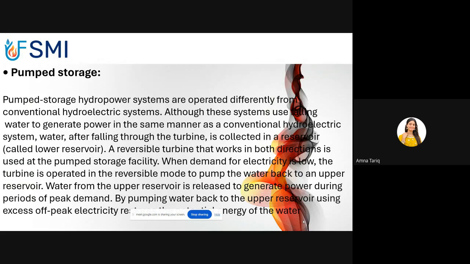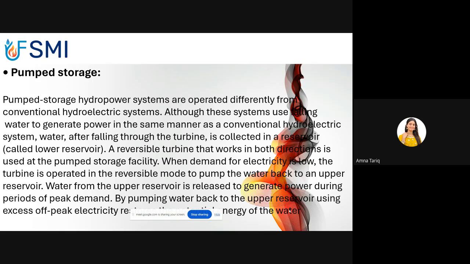So next is pumped storage. Pumped storage hydropower systems operate differently from conventional hydroelectric systems. This system uses falling water to generate power in the same manner as a conventional hydroelectric system. Water after falling through the turbine is collected in a reservoir. A reversible turbine, which works in both directions, is used in the pumped storage facility.